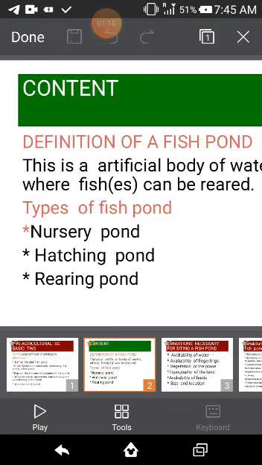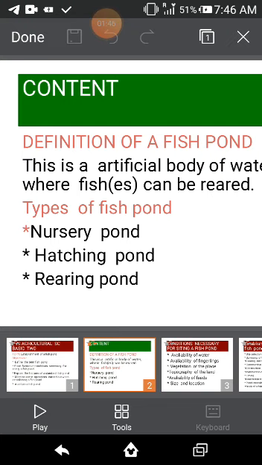Therefore, we have to create an artificial environment which we call a fish pond, a water body that we rear fish on. We have different types of fish pond: the nursery fish pond, the hatchery fish pond, and the rearing fish pond. The nursery fish pond is where newly hatched fishes are reared till they get to a stage, like 2 months, so that they can easily be handled.